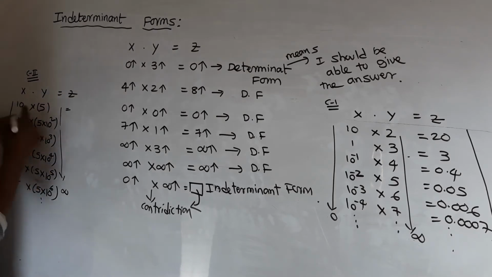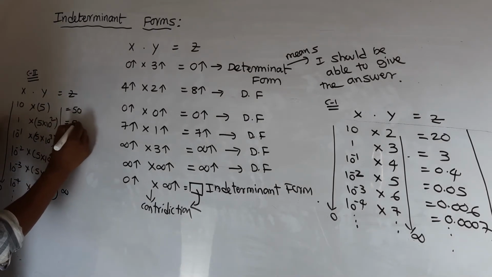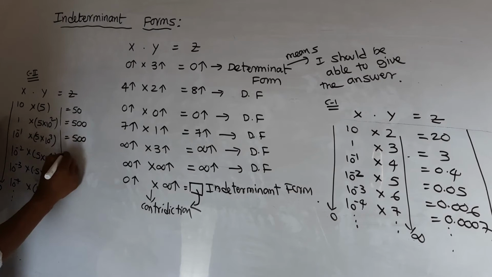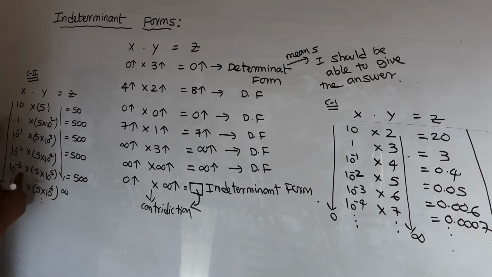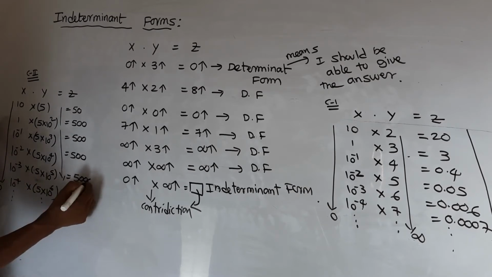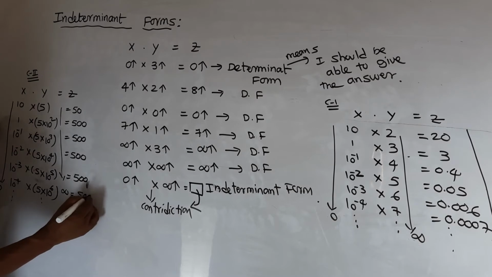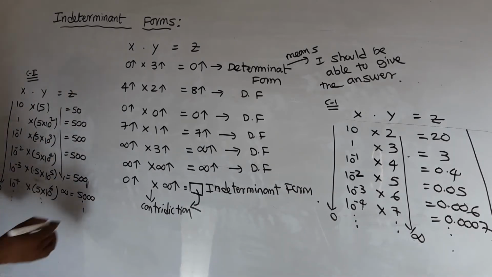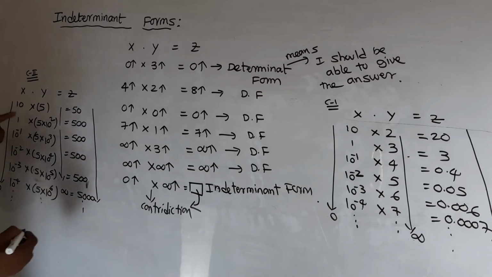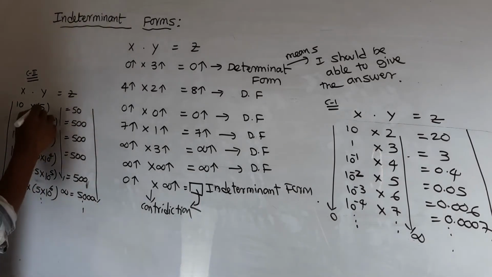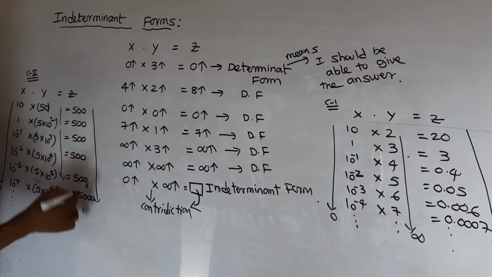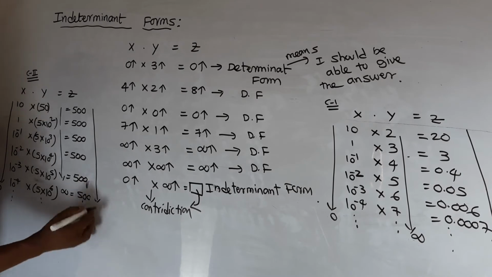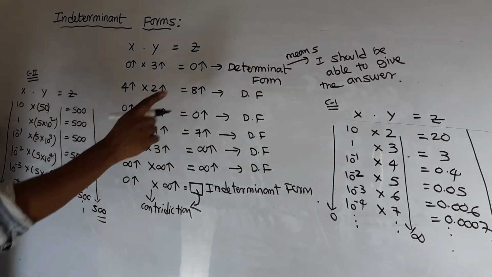So the result is 500 each time, the same result, 500, 500, 500. Case 1, case 2.